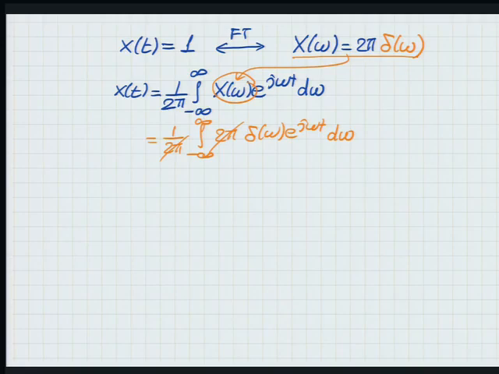Remember this property of delta function. Again, I'll be honest with you in a few minutes and tell you that's not really a function, but anyway, for now let's pretend it is. Delta had this pretend property, that if I multiply f of t with delta of t and integrate it, what comes out is f of 0.